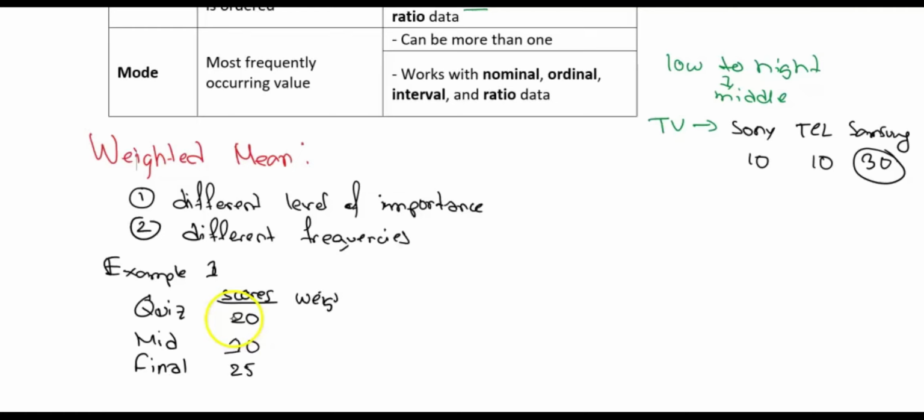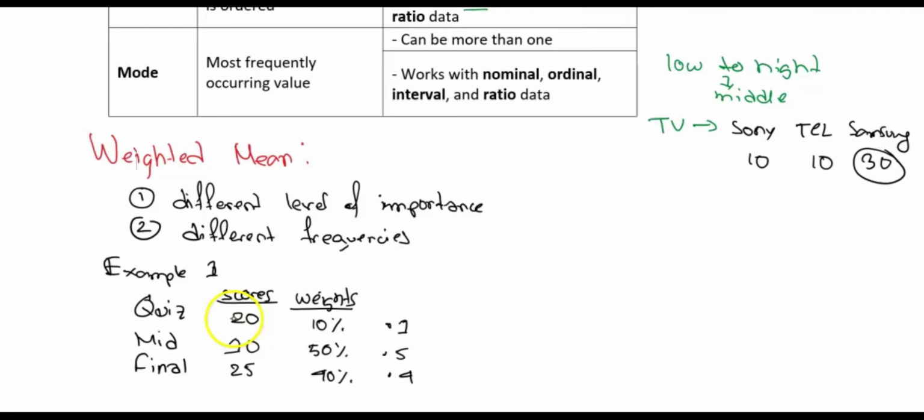However, the importance of each of these exams were different. So quiz থেকে আমাদের total finally আসবে 10%, mid থেকে আসবে 50%, and final থেকে আসবে 40%. So because it's in percentage, আমাদের ফার্স্টে decimal places গুলো বের করতে হবে. So this is 0.1, this is 0.5, and this is 0.4, right?